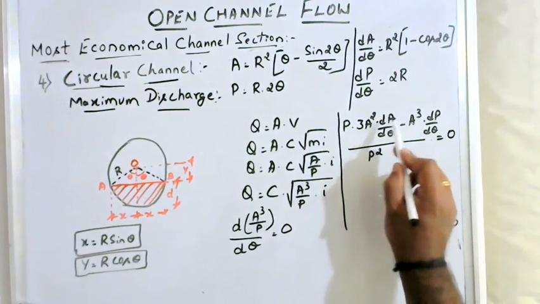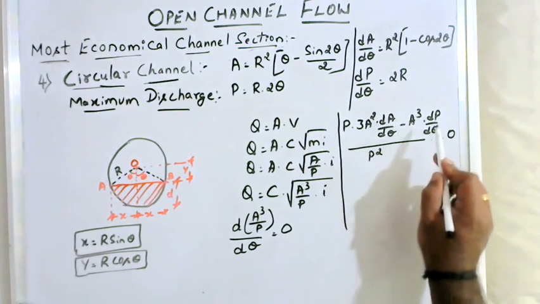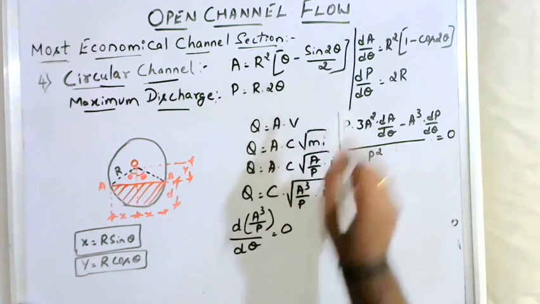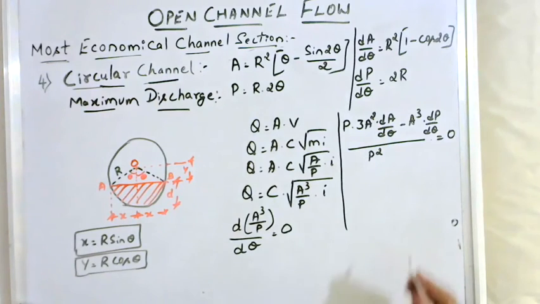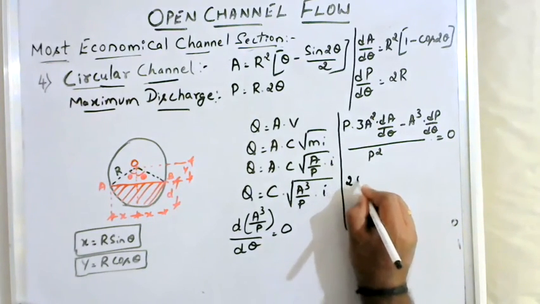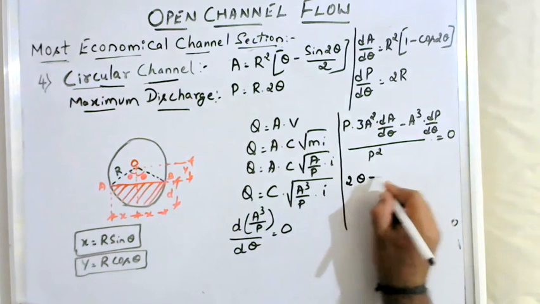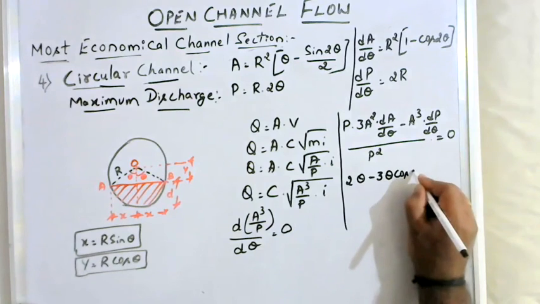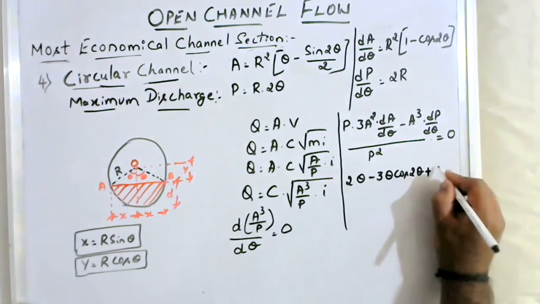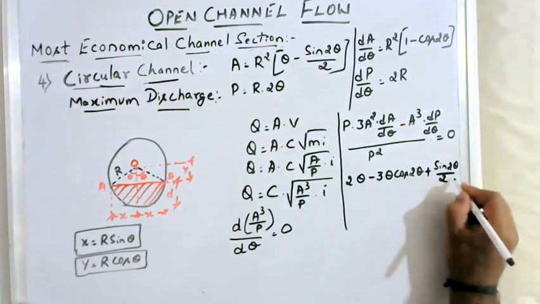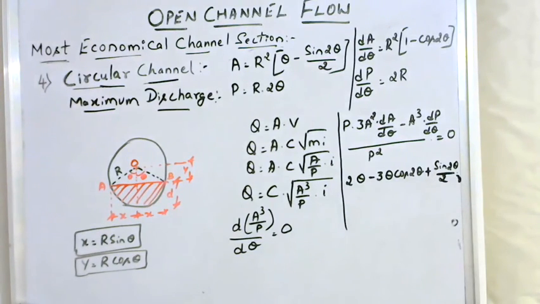Now you substitute what dA by d theta is, what dP by d theta is, and what the values of A and P are in terms of theta, and simplify. You will arrive at 2 theta minus 3 theta cos 2 theta plus sine 2 theta by 2 is equal to 0.